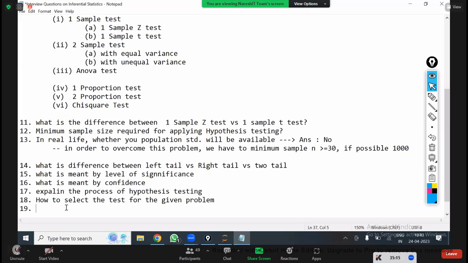It is a comparison between two populations, whether both of them are the same or not, meaning there is a difference or there is no difference. Applying a hypothesis test on two continuous variables to check whether there is a difference or not is called a two sample test.